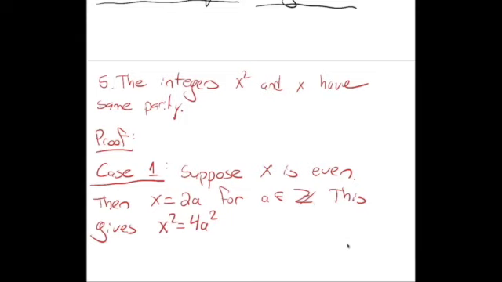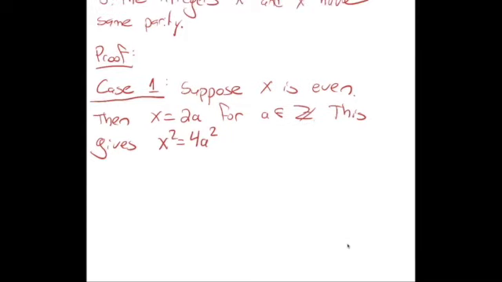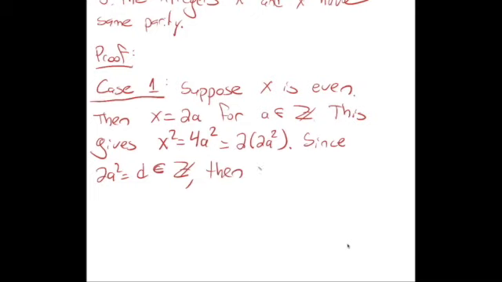Oh, okay. So this gives X squared equals 4A squared, which you can rewrite as 2 times 2A squared. And then we could state that 2A squared is an integer, equal to integer D. Thus you end up with 2 times an integer, which is the definition of an even integer.